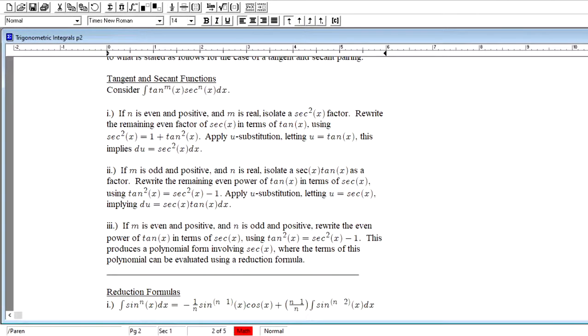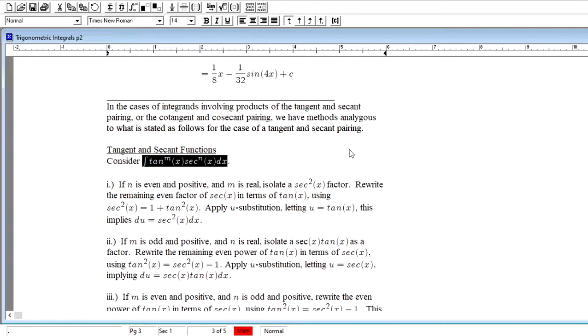Tangent and secant functions. All right. What we're looking at here is the tangent of m of x times the secant of n of x dx. And I will say as we go through these that there is an analogous case for the cotangent cosecant pairing.